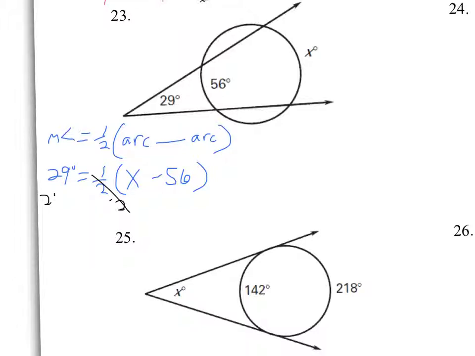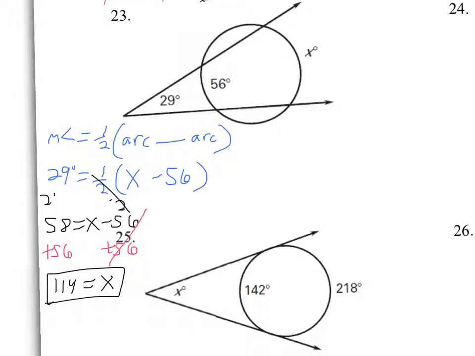Just make sure you actually do multiply the other side. And so 29 times 2 is 58, equals X minus 56. Then you actually have to add 56 to both sides to get rid of that. So 56 plus 58 is 114. And I would say that looks about right. I mean, you can't rely on the looks alone, but it looks about right. Notice it's not just what you get when you times 56 by 2. That'd be 112, which is not the same thing.